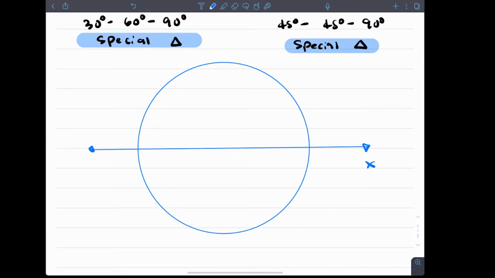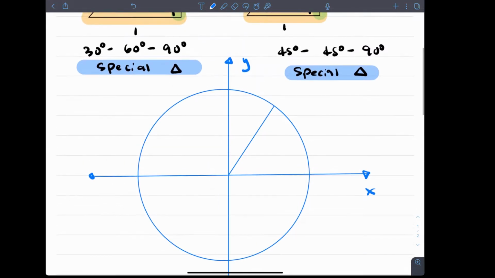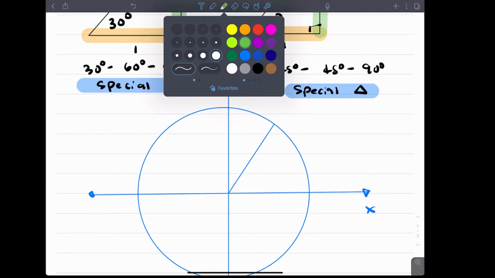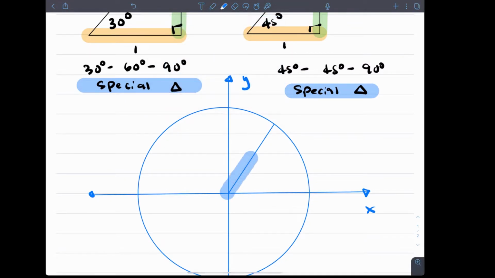X-axis. Y-axis. Generally speaking, this is that radius. If this is a unit circle, here's your radius. What does that measure again? That measures 1. You guys okay with that?